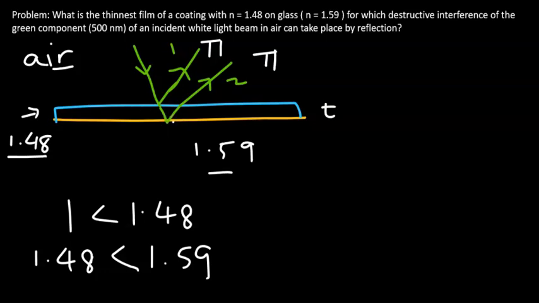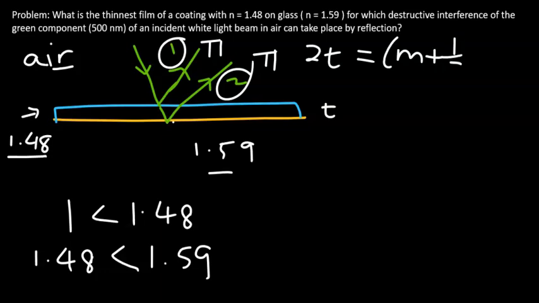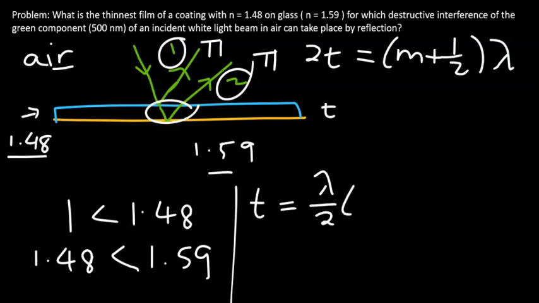So that means the condition for destructive interference is that the path length difference between ray 1 and ray 2, which we know is 2t, must be the same as m plus half times the wavelength of that light ray in that coating. So that means the thickness is given by lambda over 2, m plus half.